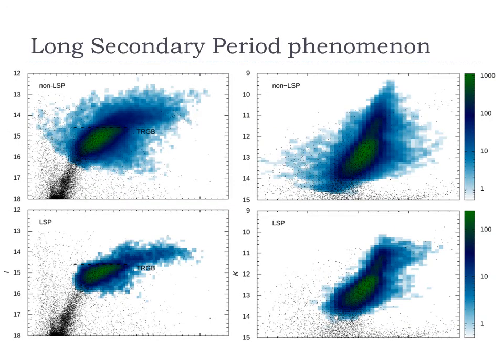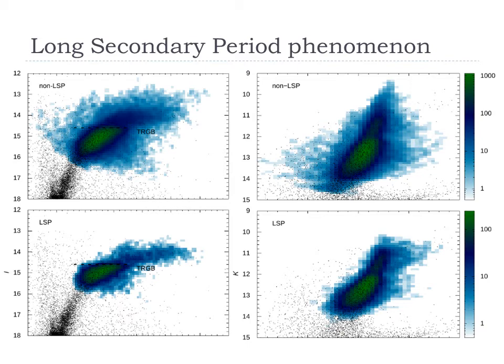Similar analysis was done for the CMD plane, the color magnitude diagram. And here again we have the non-LSP stars at the top, the LSP stars at the bottom. The first impression is that the image is quite similar for both LSP and non-LSP stars. So the general point is that LSP can appear more or less everywhere where the LPV stars appear.